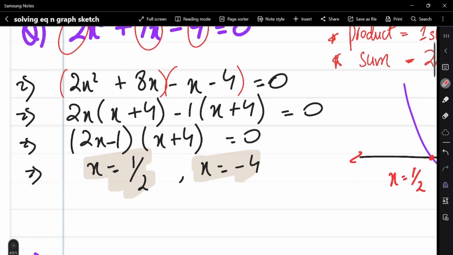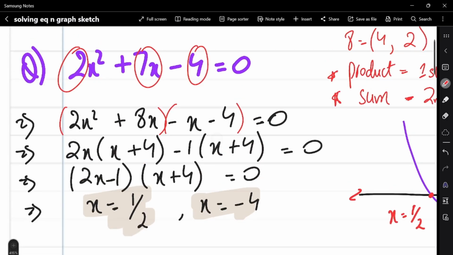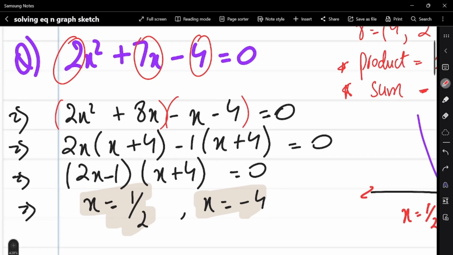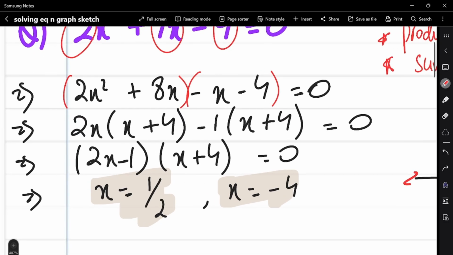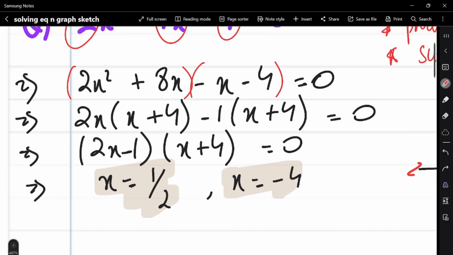It doesn't matter whether there is a minus sign or plus sign here, it's always going to be like that, because the moment the second term is finished, the first part of the equation is already formed. Once we've divided the equation into two parts, we'll take common here. 2x squared plus 8x has the common factor of 2x. So taking 2x common here, we are left with x plus 4.